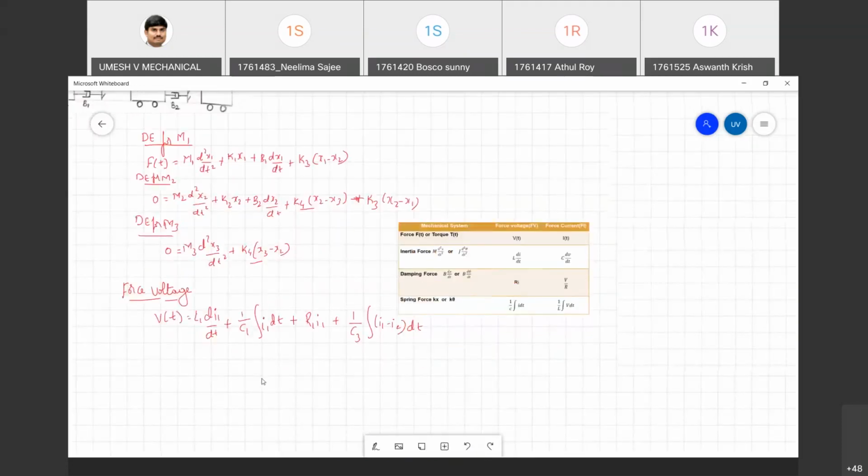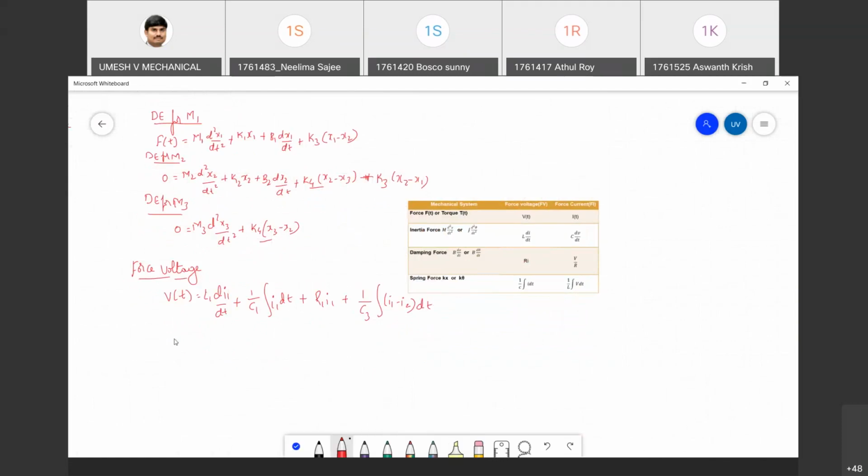At least write the second equation the same way. 0 equal to M2, meaning L2 dI2 by dt, plus K2, meaning 1 by C2 integral of I2 dt, plus B2, meaning R2 I2, plus K4, meaning 1 by C4 integral of I2 minus I3, plus K3, meaning 1 by C3 integral of I2 minus I1.